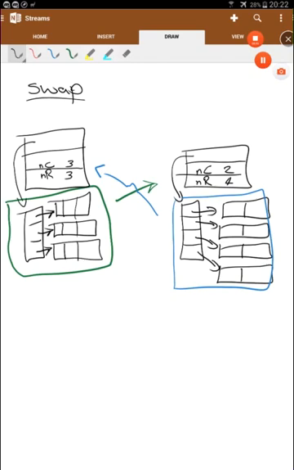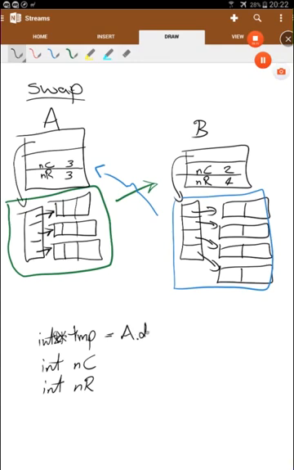So we keep some temporary space where we have an int star star. If this is A and this is B, we can now simply say that temp is equal to A.data. So we remember where the address of this green block is.